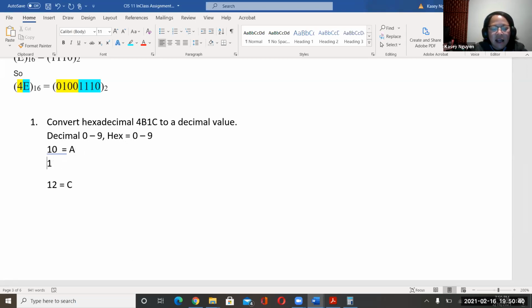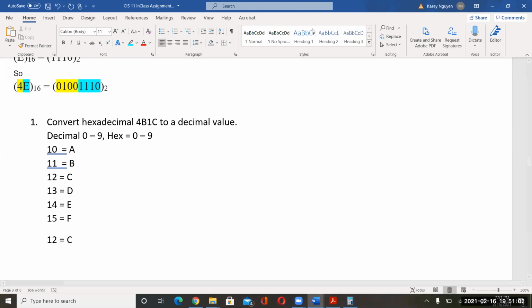Okay. 11 in decimal, that's going to be B in hex. 12 in decimal, that's going to be C in hex. 13 is D. 14 is E. And 15 is F.